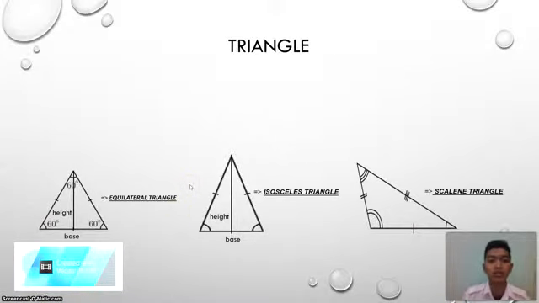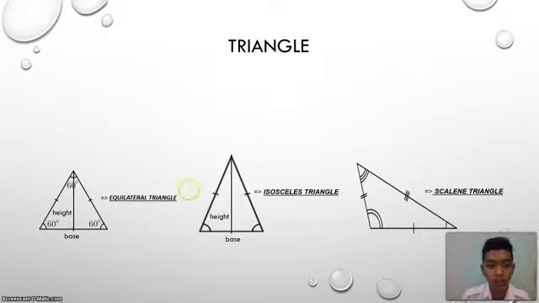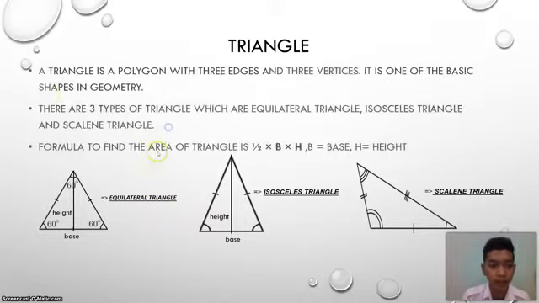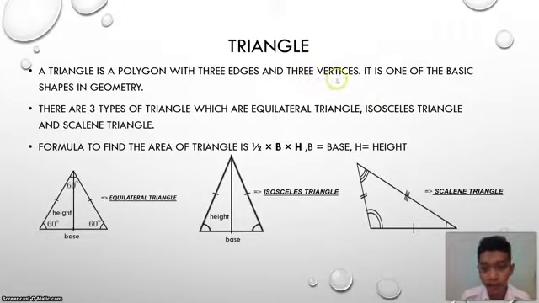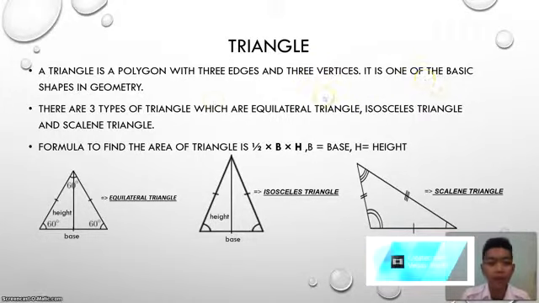For the third shape, I want to explain to you guys the triangle. A triangle is a polygon with 3 edges and 3 vertices. It is one of the basic shapes in geometry. There are 3 types of triangle, which are equilateral triangle, isosceles triangle, and scalene triangle.